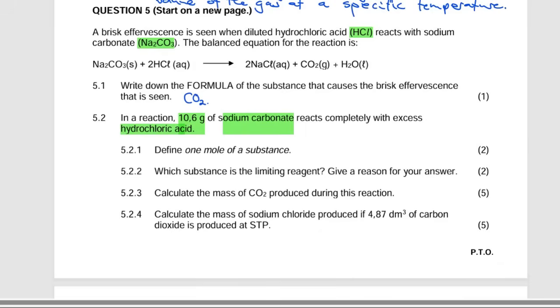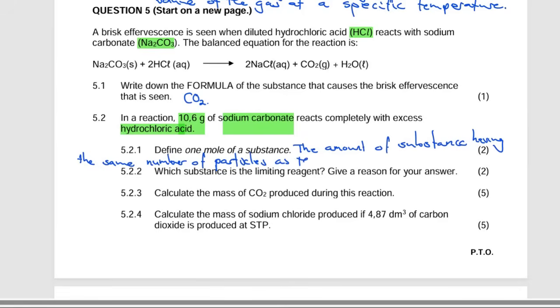Then we were asked to define 1 mole of a substance. Remember, the mole is the amount of substance having the same number of particles as there are atoms in 12 grams of carbon-12, so C12.